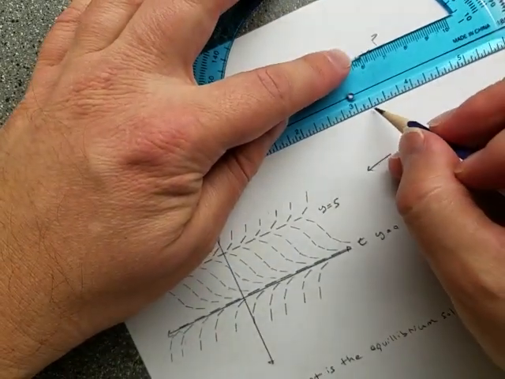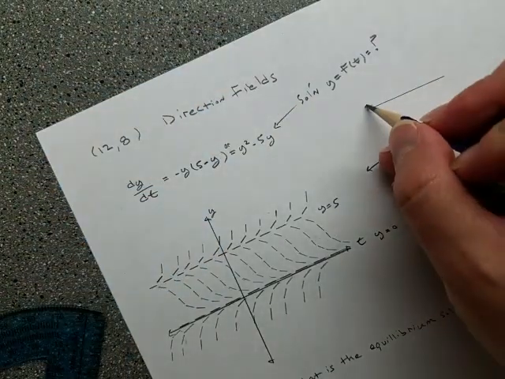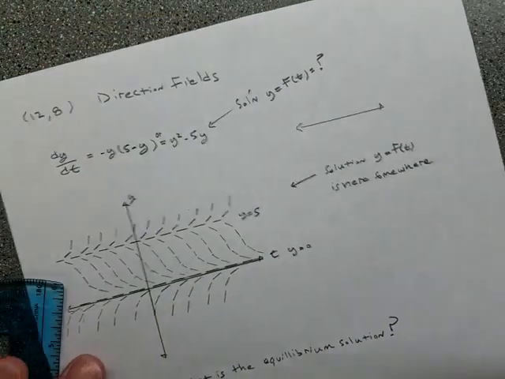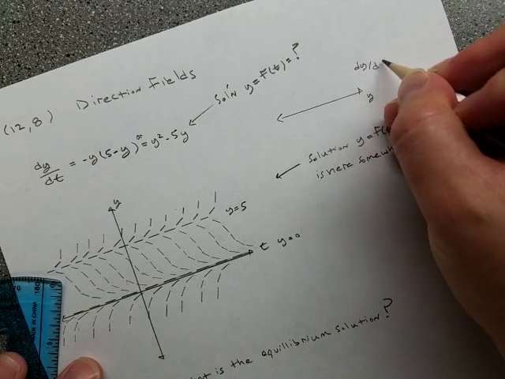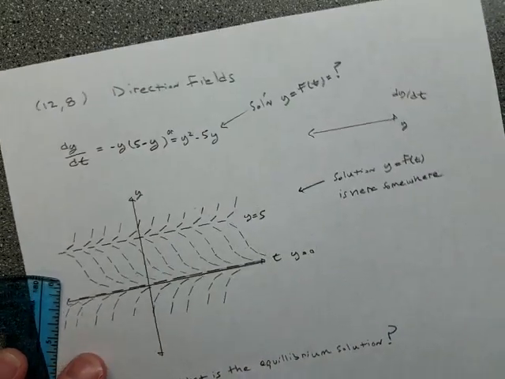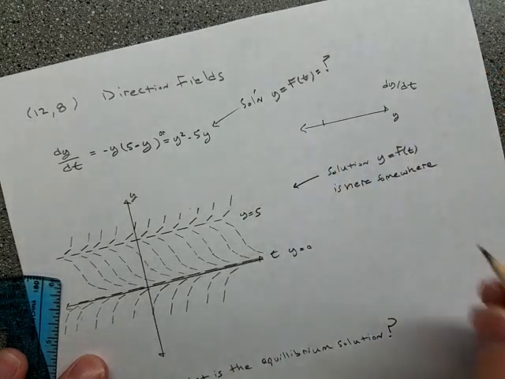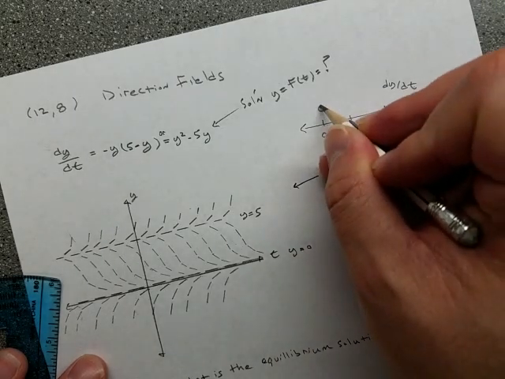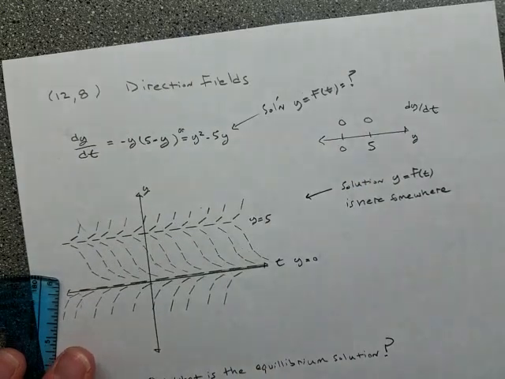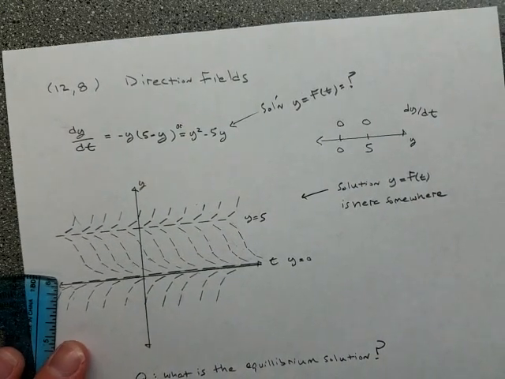So if we summarize this a little bit, we might draw a chart here and say, here's y, here's dy dt. At 5 and 0 for y, it's obvious that we get 0 for dy dt.